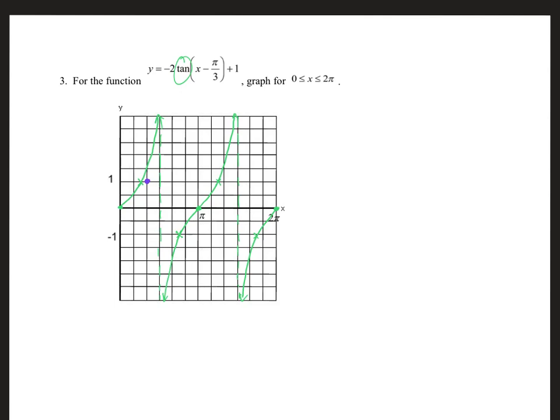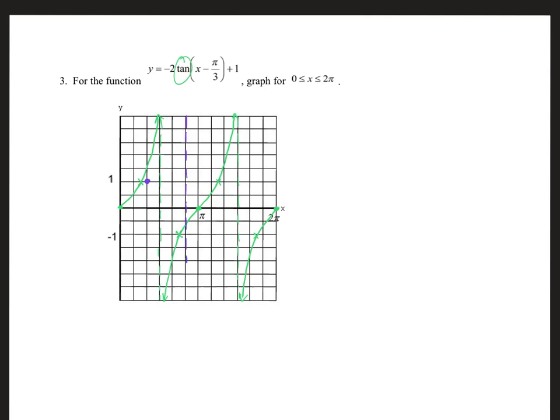Well, now, the next thing that I'm going to do is I'm going to transform my asymptote. Okay, my asymptote occurs at pi by 2. If I reflect a vertical line on my x-axis or vertically stretch that vertical line in my x-axis, well, then it's not going to seem to have any effect. The only thing that will affect it is moving it right pi by 3, because up 1, you won't see a change either.